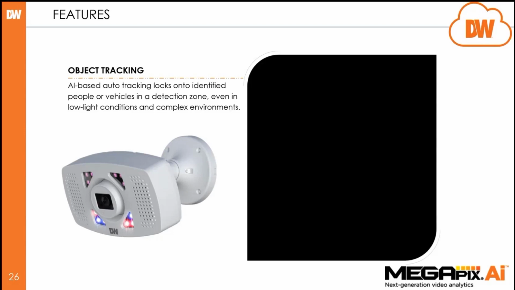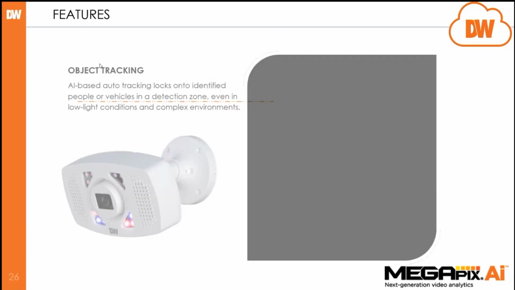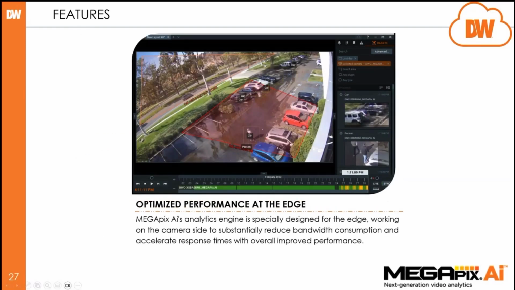Actually, something that's not on here is a feature in Spectrum, which I'm just going to go to the next slide for. There's a feature in Spectrum that allows you to do analytic object detection, meaning you have an area laid out or you have the whole camera set up with no rules in it. It's still detecting objects, and you can have that come into Spectrum like motion detection.